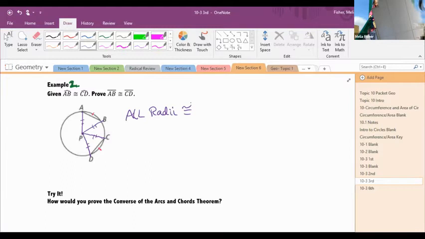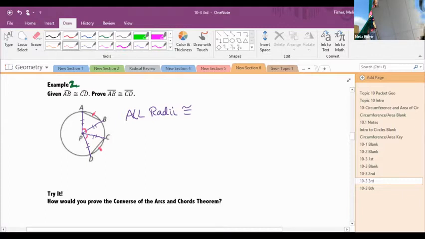I want you to go back to what we learned a couple of lessons ago. What do we know about the measure of the arc and the measure of the central angle? They're also congruent. Yeah, they're totally congruent, right? So if these two pieces right here are congruent, then these are also going to be congruent, right?